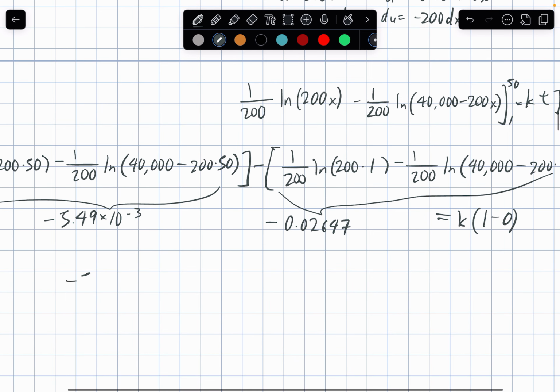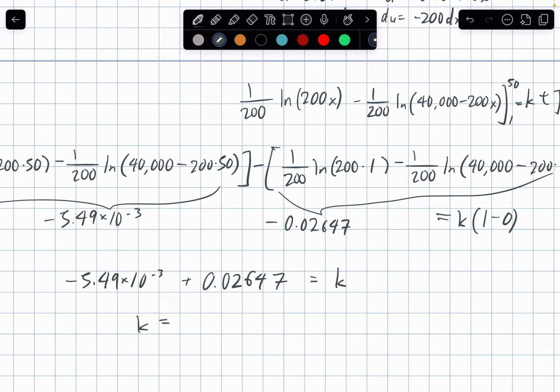Okay, so negative 5.49 times 10 raised to negative 3 plus 0.02647 is equal to k. Simplify.